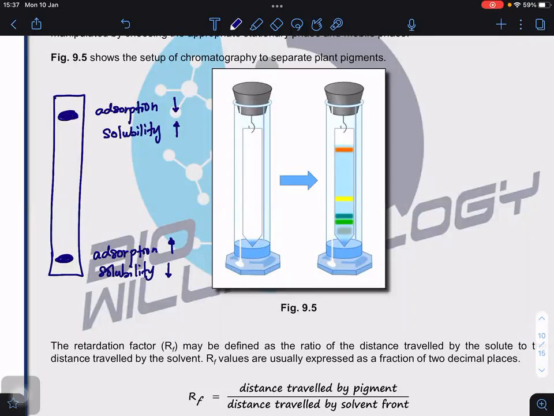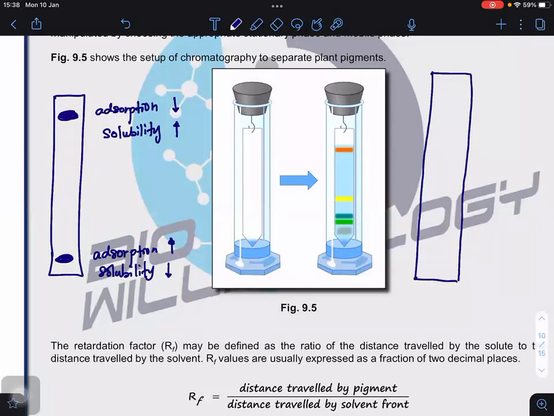Once we have separated the pigments, we focus on one pigment that I want to study. For example, I want to identify this pigment. Then we have to calculate a value called the RF value, retardation factor. This is my strip.